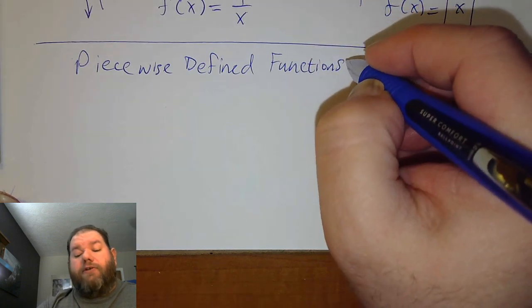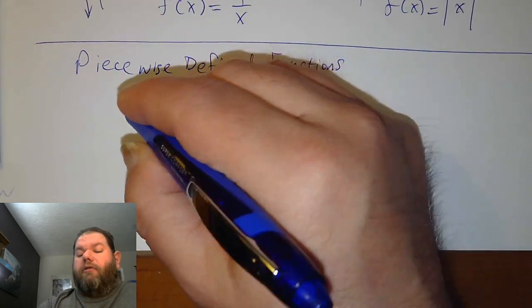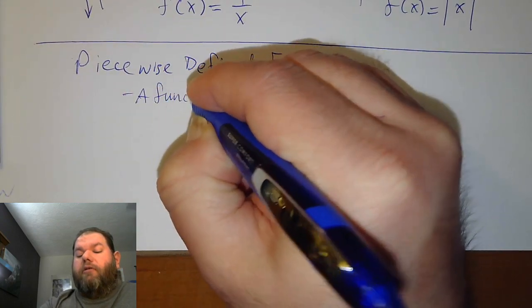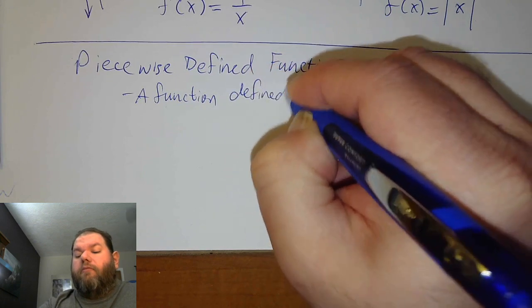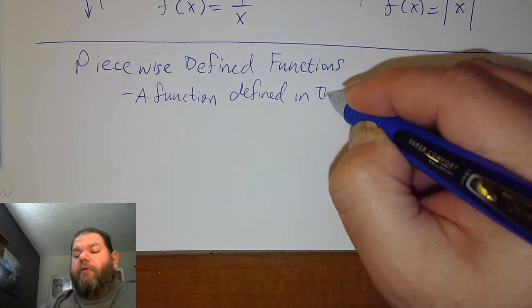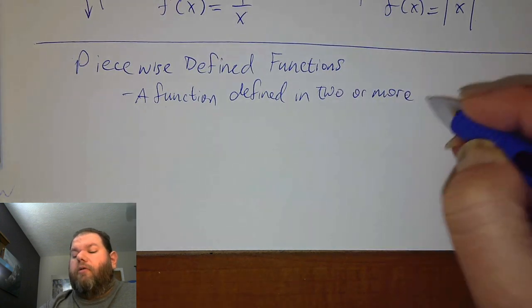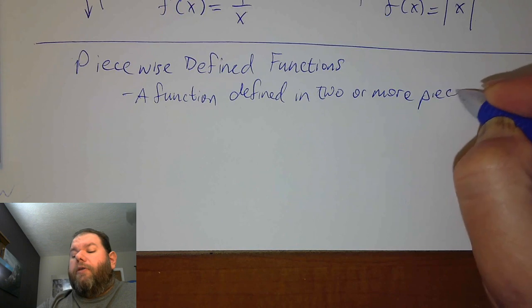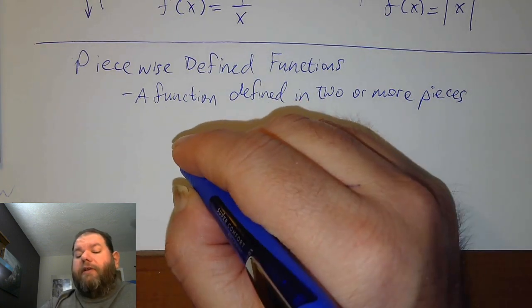The easiest definition is that it is a function that is defined in 2 or more pieces. But then you might ask, what does a piece of a function mean? Well, let's look at an example.